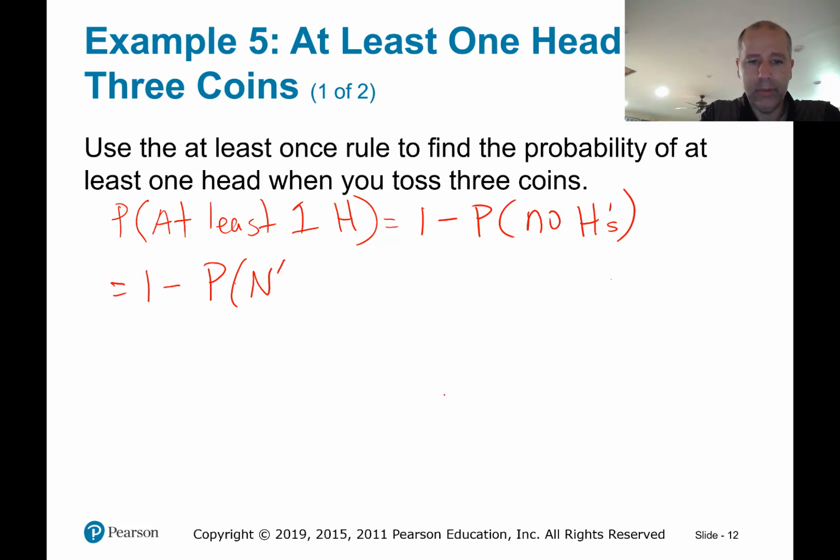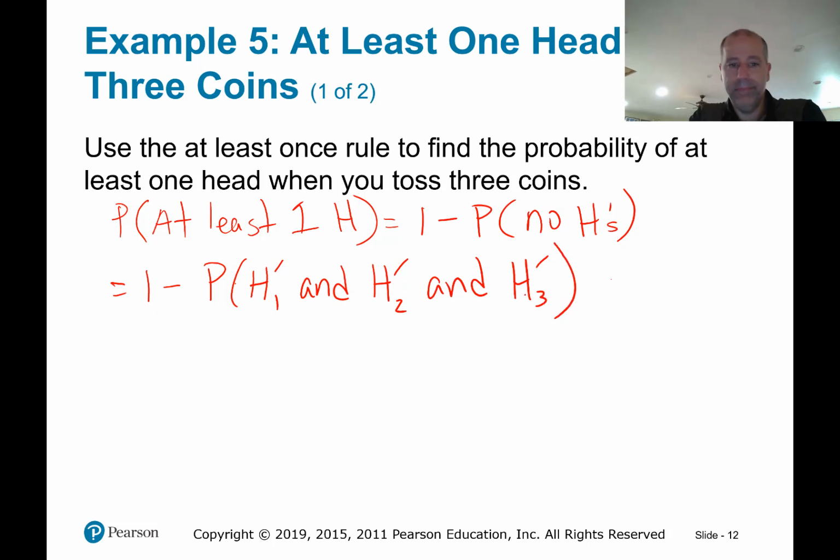So, the probability we don't get a head on the first flip, and we do not get a head on the second flip, and we do not get a head on the third flip.